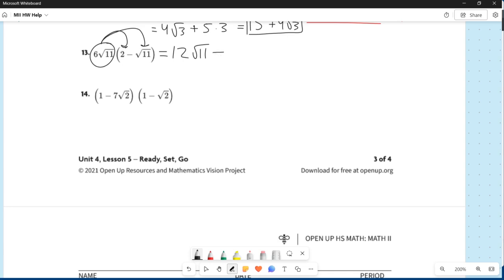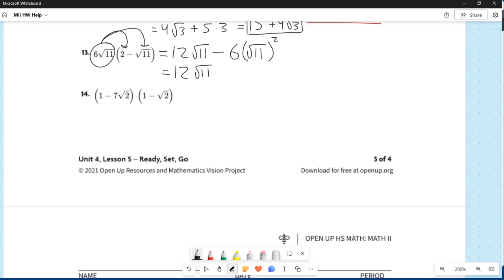Now we have 6 times the square root of 11 times the square root of 11. I have root 11 times itself, which is another way of saying root 11 squared, because it's root 11 times root 11. Not a whole lot I can do with the first term.